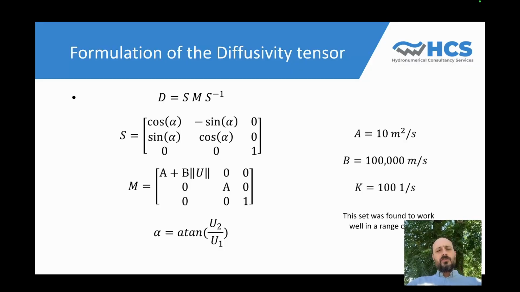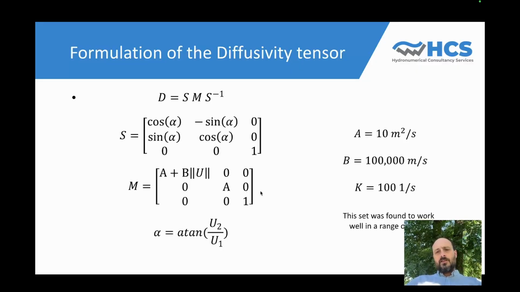And in both directions, in absence of velocities, we apply the same diffusion A. So if there's no velocity, then the diffusion is just uniform, isotropic in every direction. But if we do have a velocity, we add a second term to that longitudinal diffusion component, which basically is much stronger than the transversal one and forces the bathymetry to be spread predominantly in the direction of the flow.